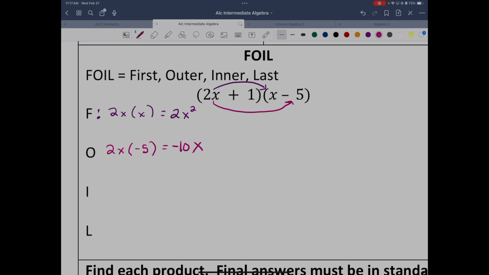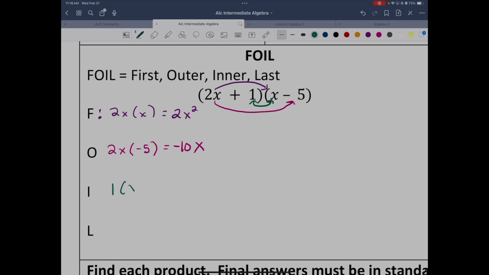So we've got outside. Now we've got to do the inside. So our inside terms are this 1 and this x right here. So that means I'm going to take 1 times x. 1 times x is just x. And then L stands for our last terms.